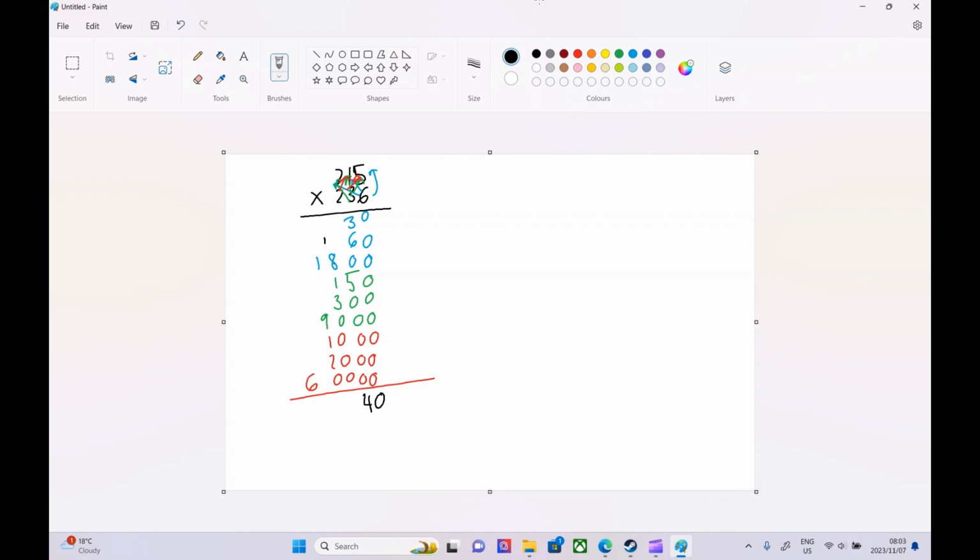Then 1 add 8 is 9, add 1 is 10, add 3 is 13. 1 add 1 is 2, add 9 is 11, add 1 is 12, add 2 is 14, and 1 add 6 is 7. That is our final answer, 74,340. Although you have to show your workings for this, you do have a calculator, so you could check yourself there.